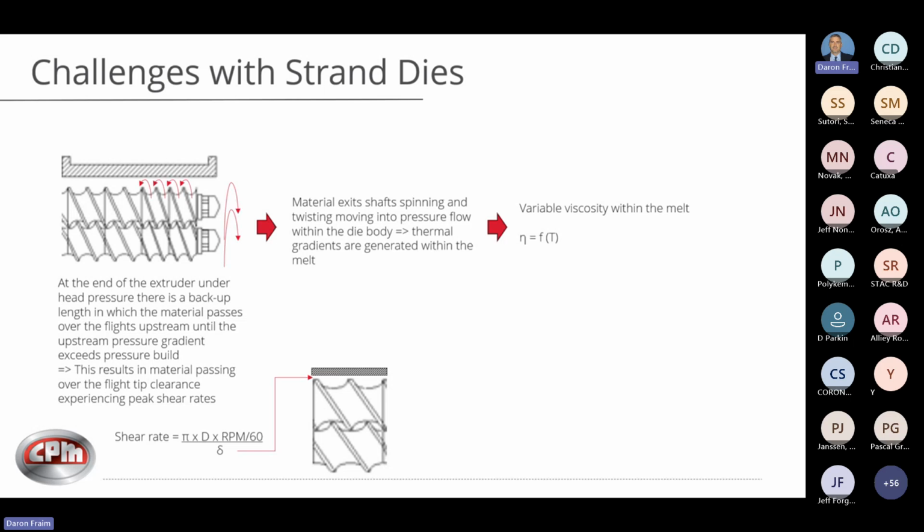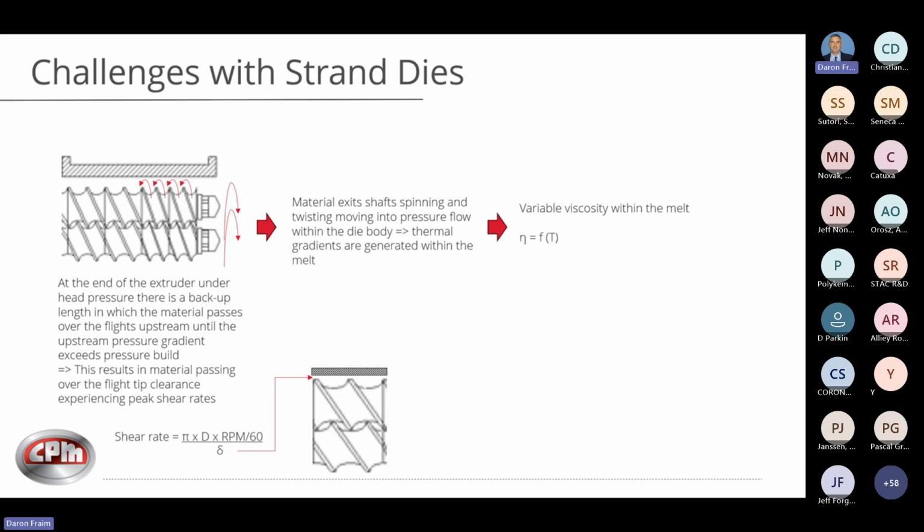As that material backs up on the end of the machine on the shafts, it forces that melt to bypass the flights, the tip flights, and it forces it over the conveying, and you get additional shearing. You can see here on the bottom section to show that clearance. That's where your maximum shear peak is occurring, in the very small clearance between the tip of the flights and the barrel housing.